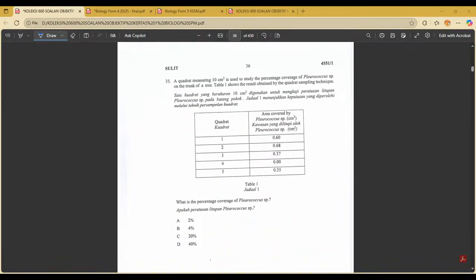A quadrat measuring 10 centimeters cubed is used to study the percentage coverage of Pleurococcus species on the trunk of a tree. Table 1 shows the result obtained by the quadrat.